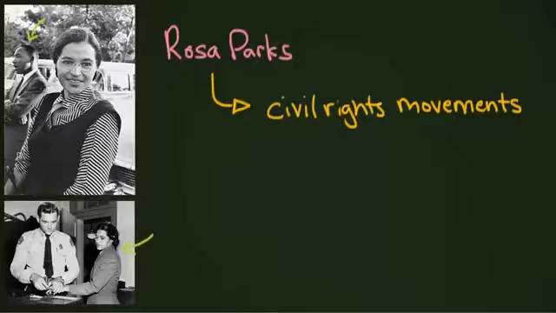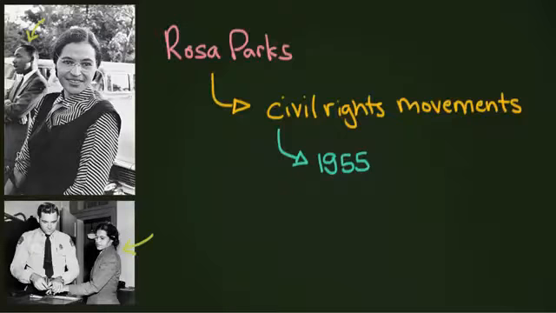Now, why would that be? How did that happen? Well, it was 1955, and she was heading home from work one day, and the buses in the city that she was living in, Montgomery, Alabama, were administered in such a way that people of color, so people with black skin like her, were required to get up when white people wanted to sit in those seats.